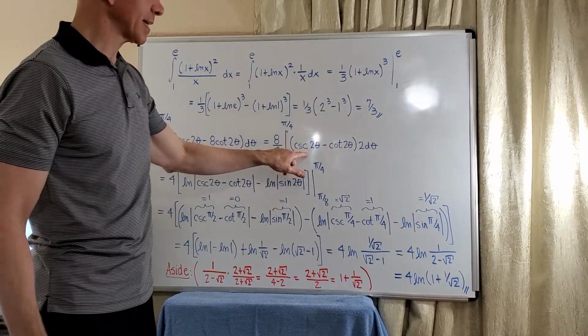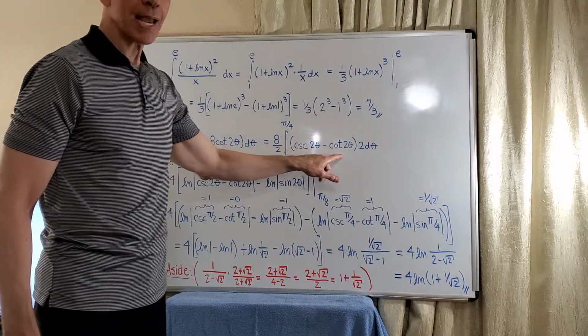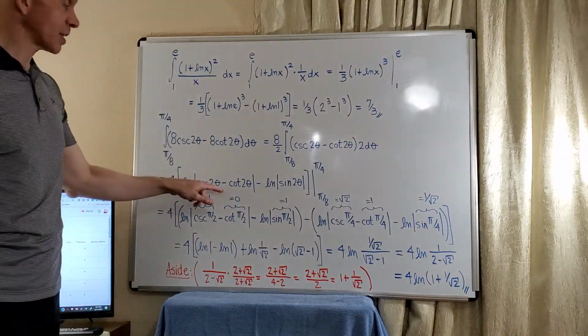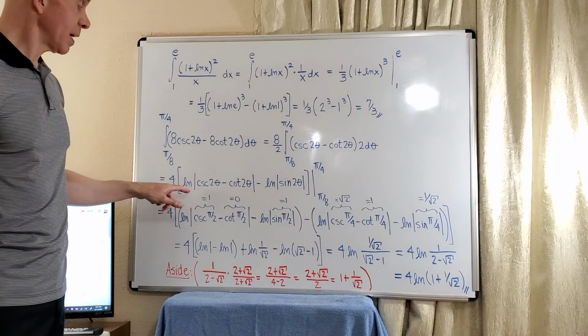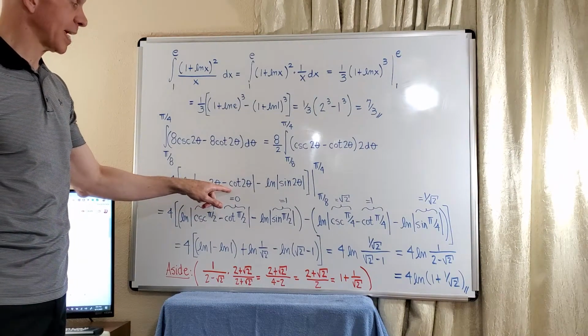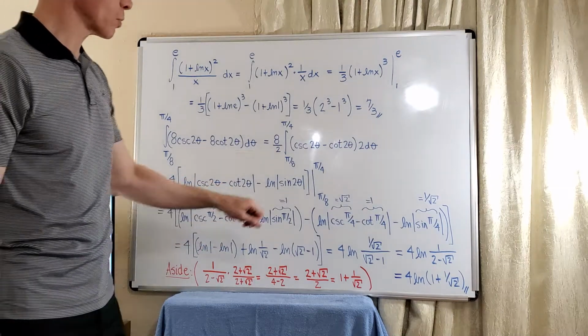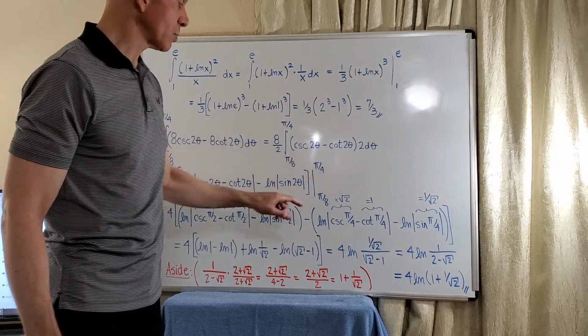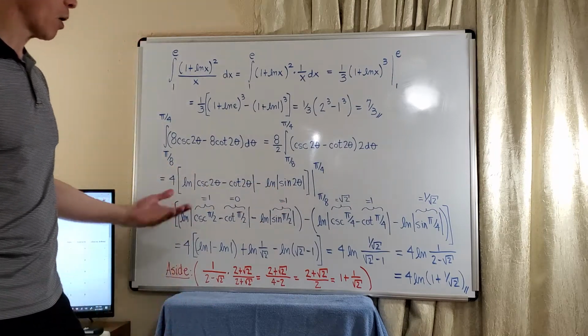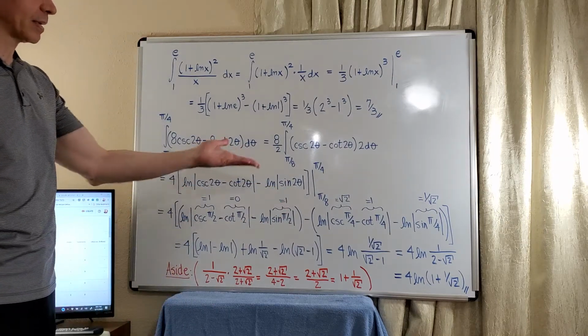We know the antiderivative of cosecant, and we know the antiderivative of cotangent. Okay, so I'm using that alternate form which I proved. That is the natural log of cosecant 2 theta minus cotangent 2 theta. And then of course the antiderivative of the cotangent is the natural log of sine 2 theta. Now, all we have to do is apply the limits.